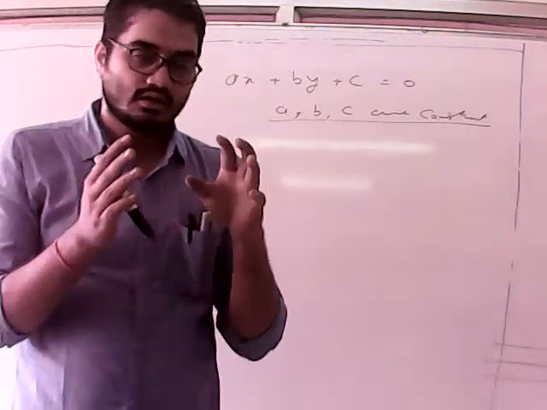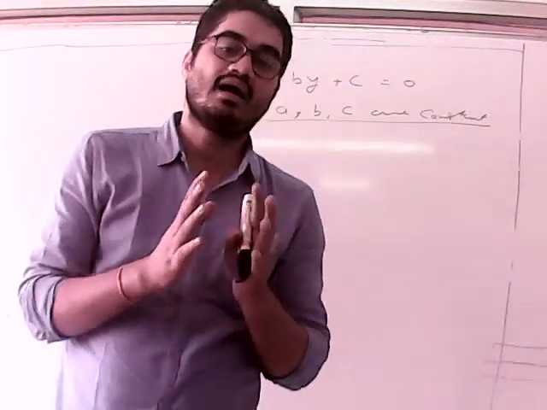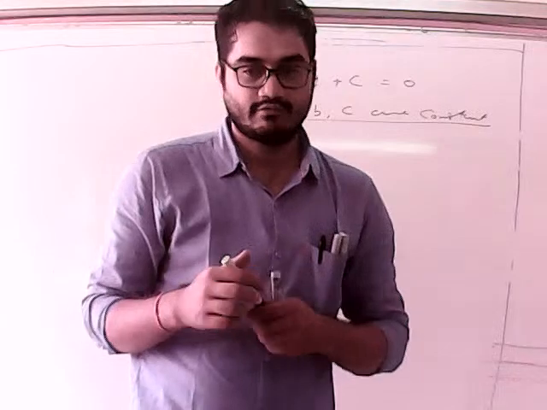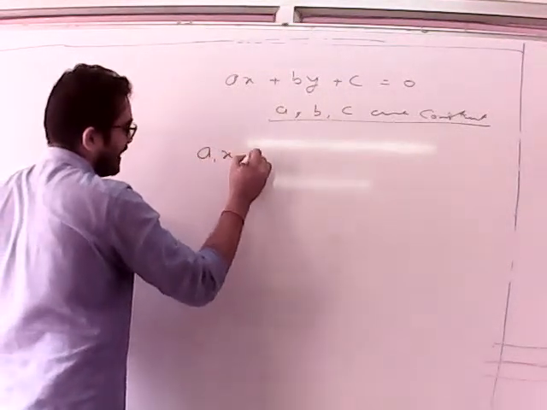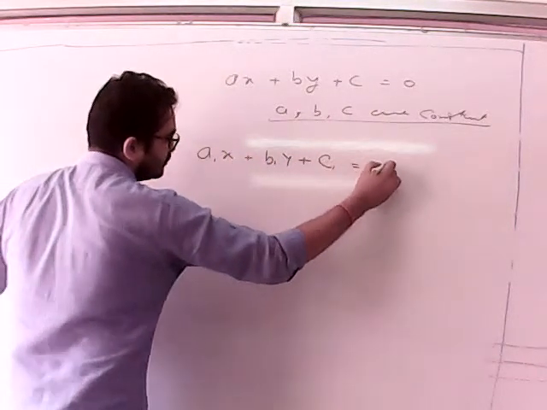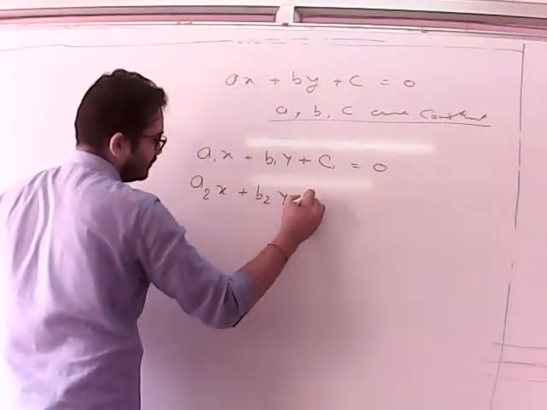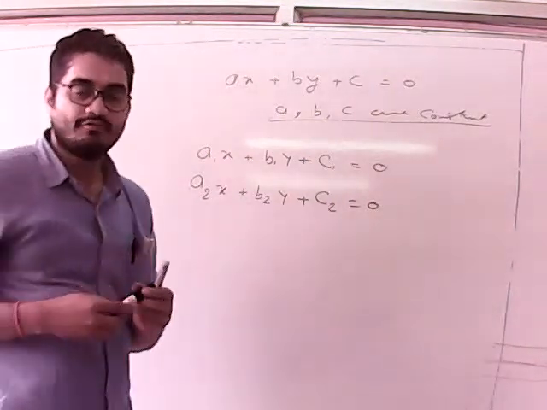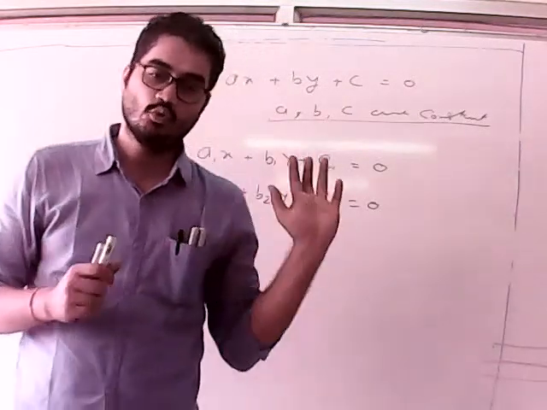When we solve linear equations, we require a pair of linear equations. In a pair of linear equations, the standard form is a1x plus b1y plus c1 is equal to 0, and a2x plus b2y plus c2 is equal to 0. That is what is called a linear pair of equations in two variables.